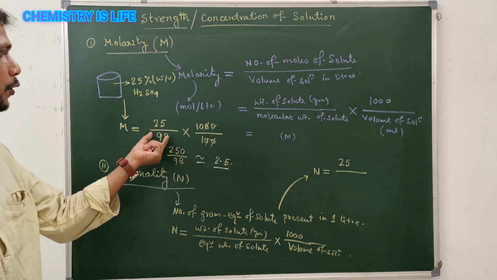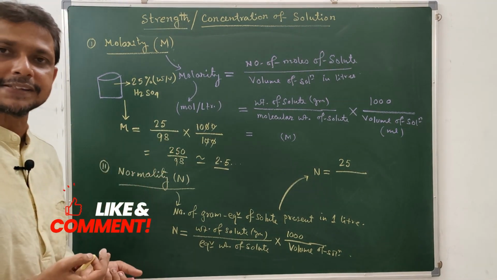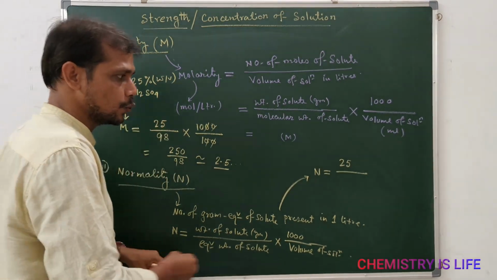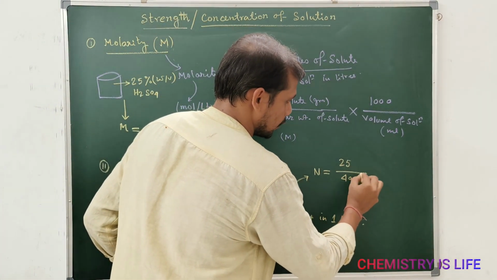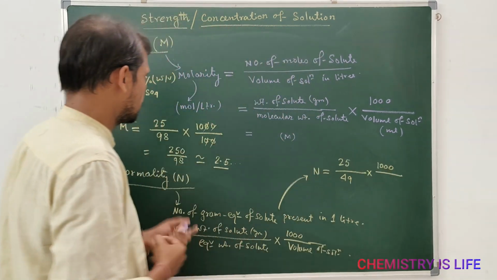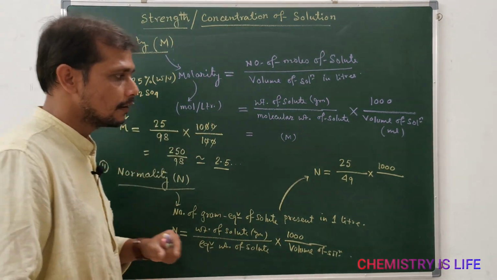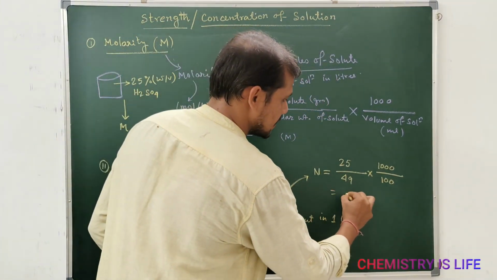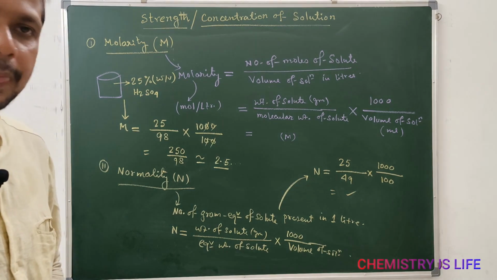What is the molecular weight of H2SO4? 98, divided by its basicity. What is the basicity of H2SO4? Which is 2. So 98 by 2, that is 49 equivalent weight, into 1000 by volume of the solution. What is the volume of the solution? That is 100 ml.